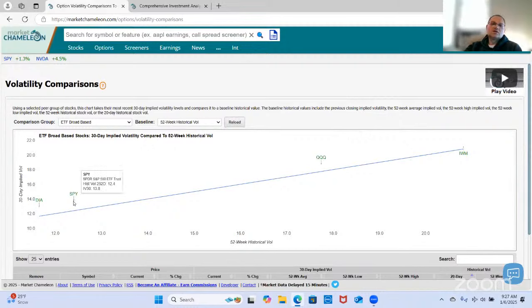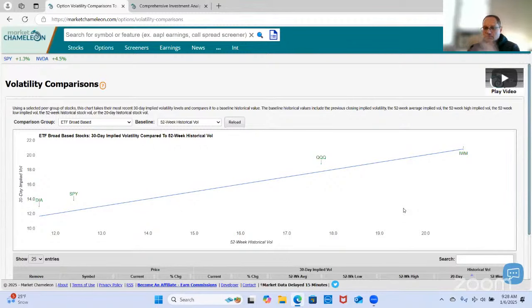You have here SPY, implied volatility is 13.8. The historical volatility of SPY is 12.4, right? So you've got 1.4 clicks higher. QQQ is above.